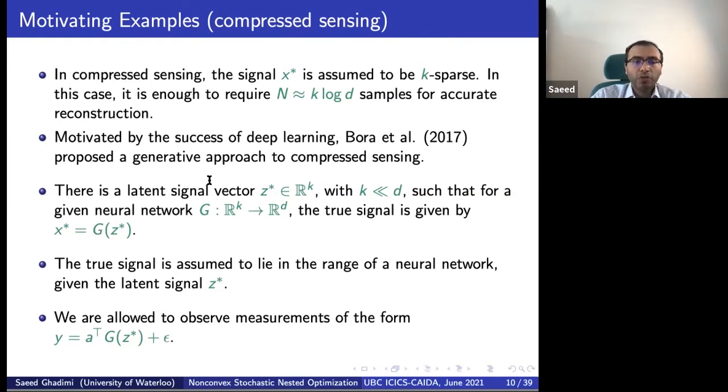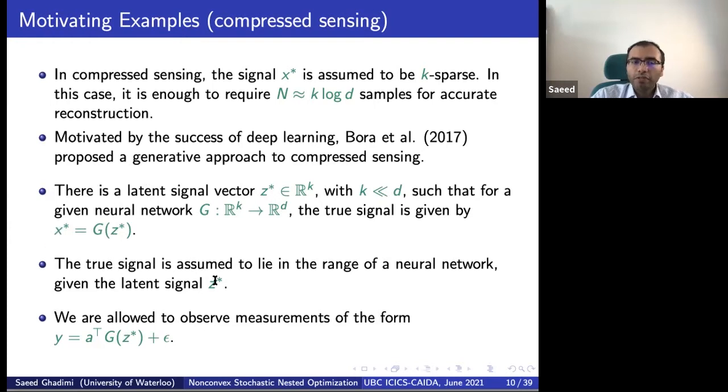In this case, we assume that there is a latent signal vector Z star, and we assume that G, which is a neural net, is a function whose output is from R^k to R^d, where K is much less than D. Then we assume that the true signal is the output of this neural net G. So we have a latent Z star, and G of Z star would be X star.